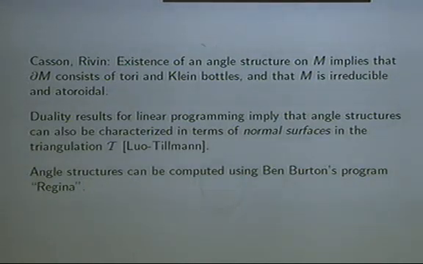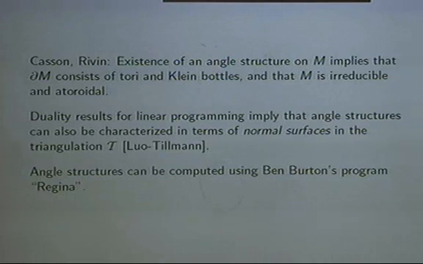Okay. So the basic problem is a linear programming problem. And there's nice duality results in linear programming which allow you to rewrite these conditions. And there's also another way of writing the conditions in terms of normal surfaces. So I won't say much about that today, but there's a nice paper of Feng Luo and Stephan Tillmann which describes how to write these conditions in terms of normal surfaces in your triangulation.